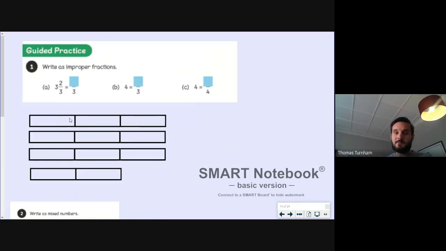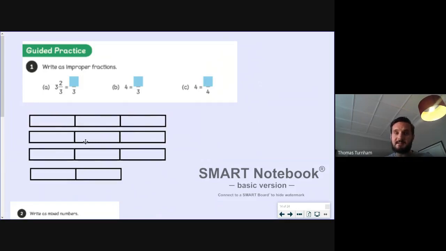So my 1 whole is 1, 2, 3 thirds. My 2 whole is another 3 thirds. That means I've got 1, 2, 3, 4, 5, 6 thirds so far. But I've got 3 wholes, another 3 thirds. So that's 7, 8, and 9. So these 3 wholes are the same as 9 thirds.